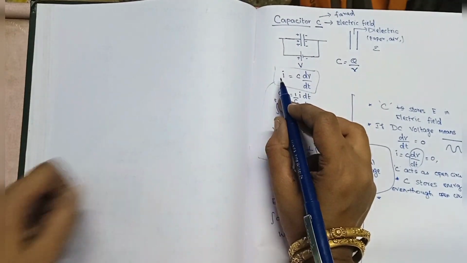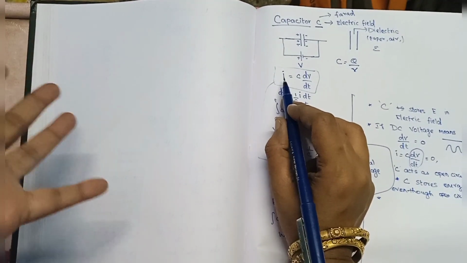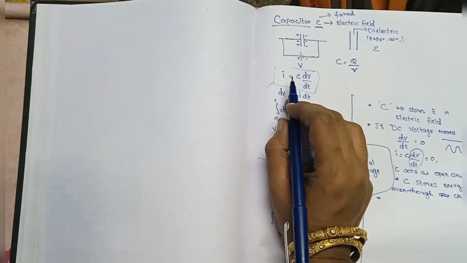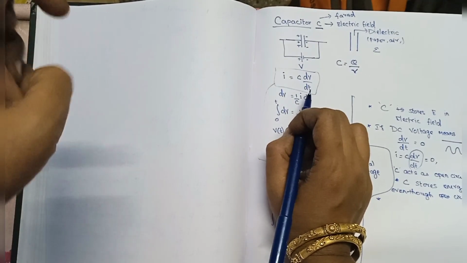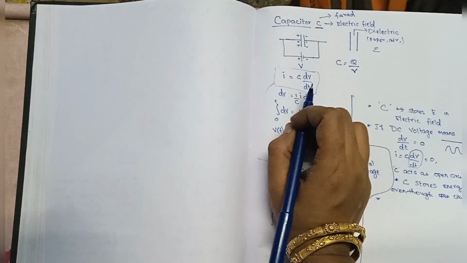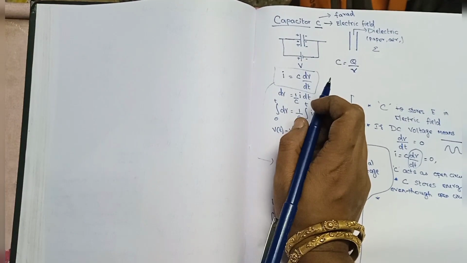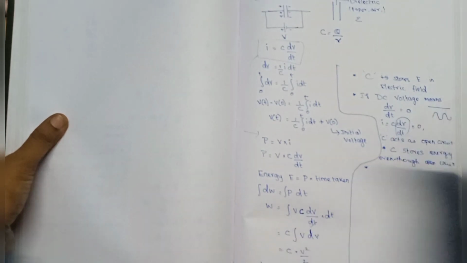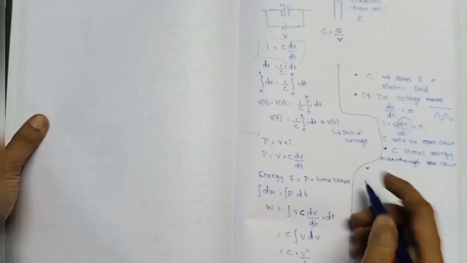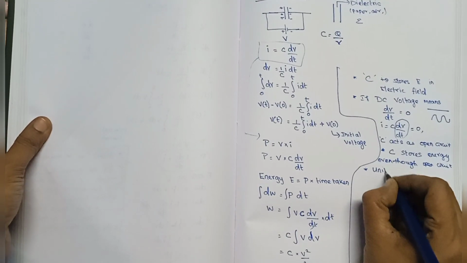What will happen to the current? It rises abruptly, but practically it's not possible. Over a change in time, the voltage increases gradually, otherwise decreases. Discharging means a gradual decrease. So a gradual rise, otherwise a gradual decrease in the voltage. The unit of capacitance is farads.